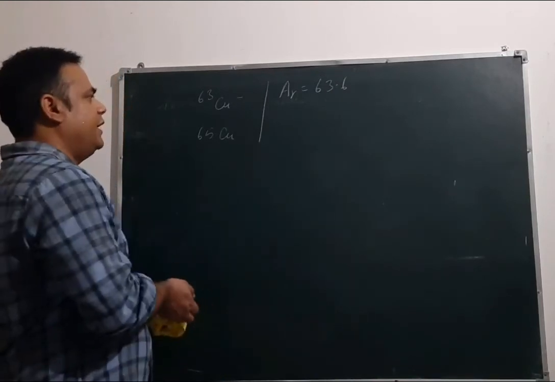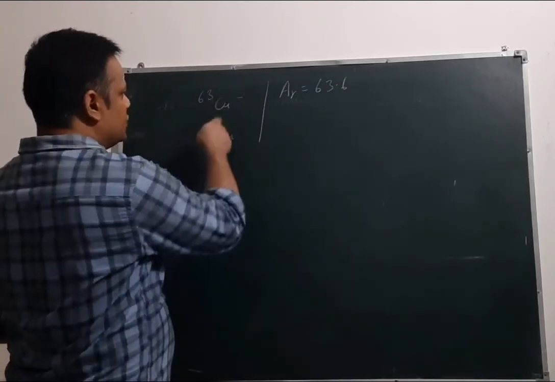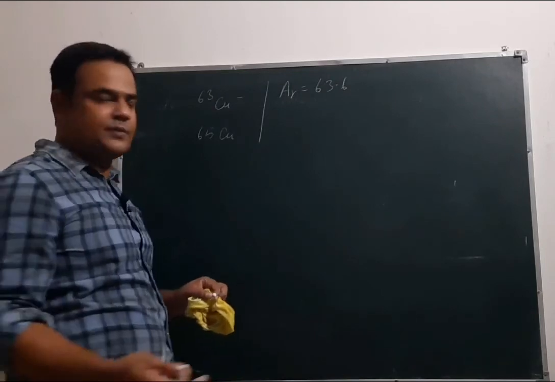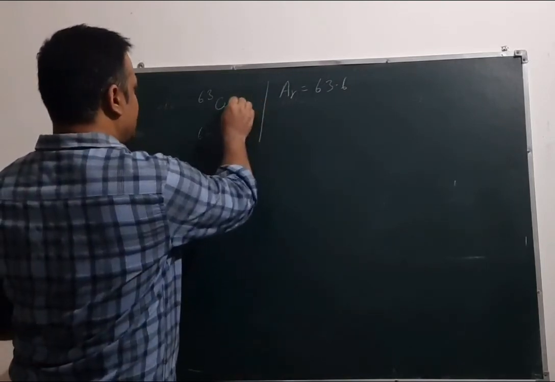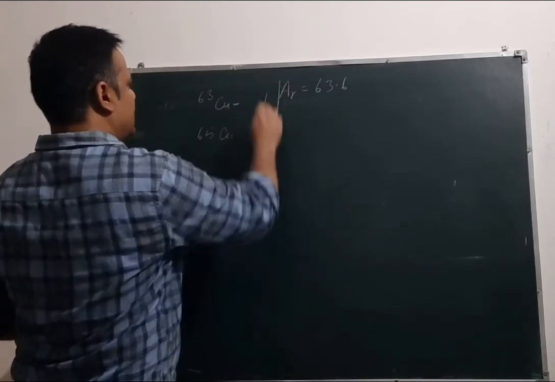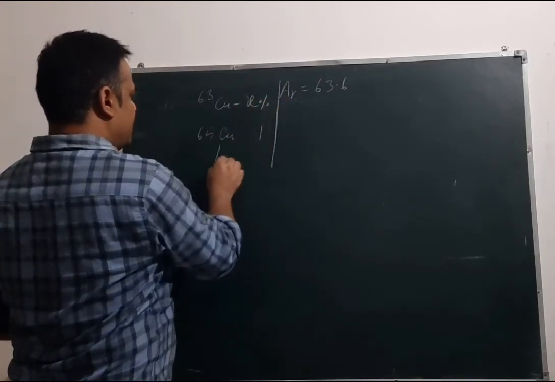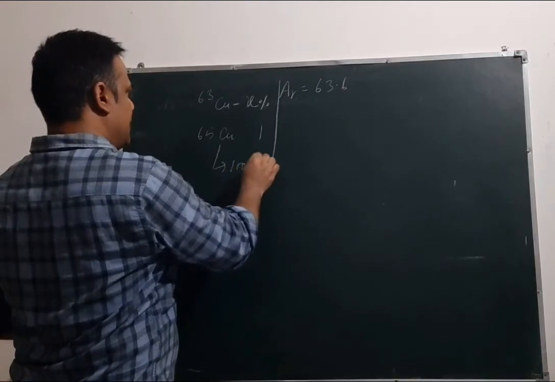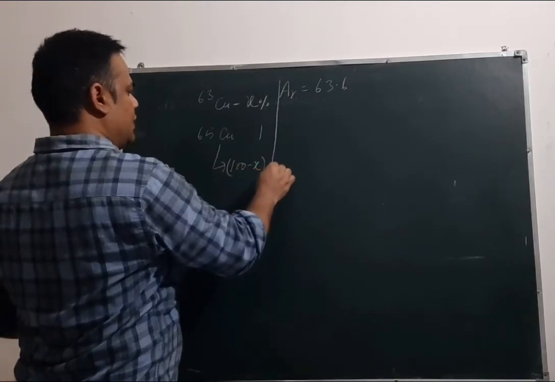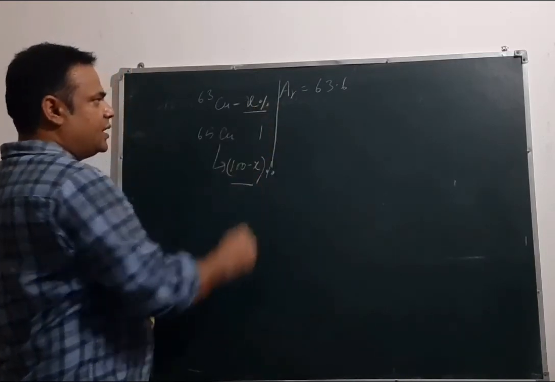We have a very easy method. Suppose 63 Cu is X percent, then obviously 65 Cu will be 100 minus X percent.